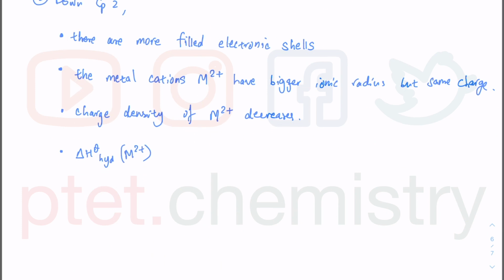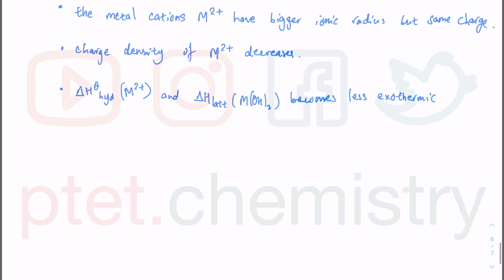So the hydration enthalpy of the cations and also the lattice enthalpy of the M(OH)2 become less exothermic because the cation is getting bigger despite the charge being the same. So as a result, the charge density is decreasing. That is a common thing that happens as you go down group 2.